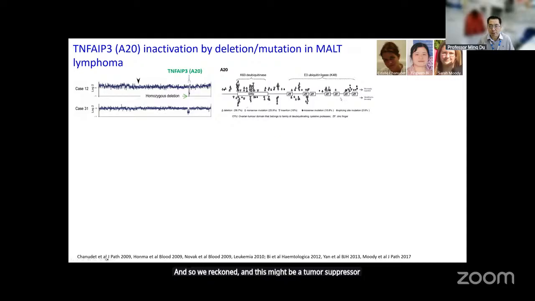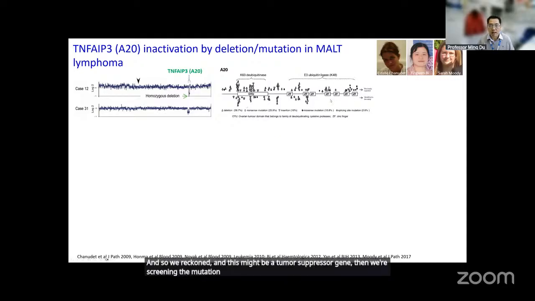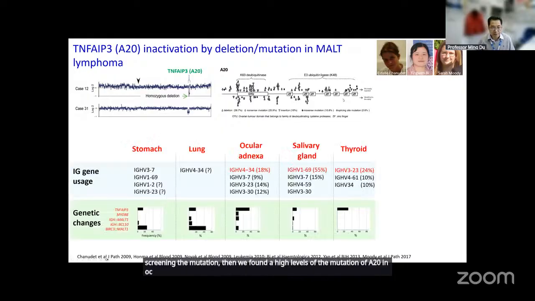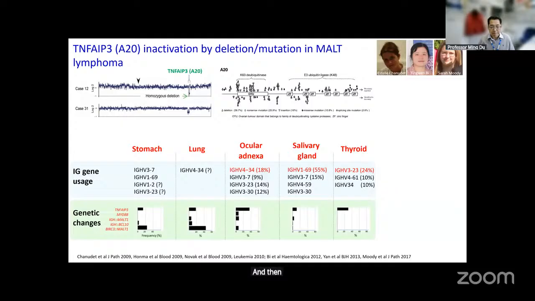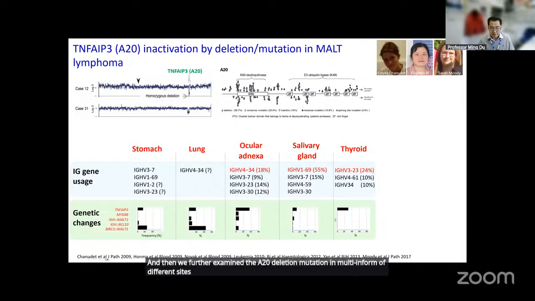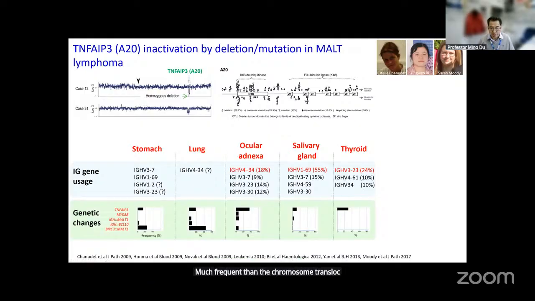Then we screened for mutations and found high levels of A20 mutation in ocular adnexal multiple lymphoma, and we further examined A20 deletion and mutation in multiple lymphoma of different sites. We identified that it's rather frequent, much more frequent than the chromosome translocations we described earlier.